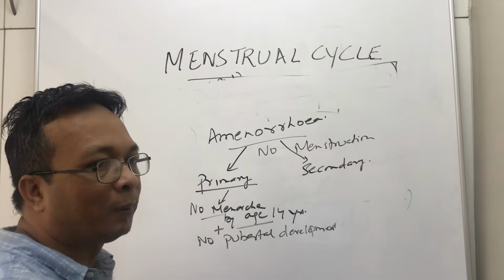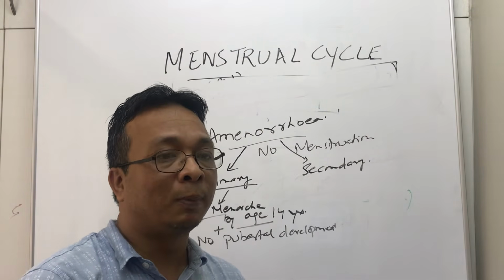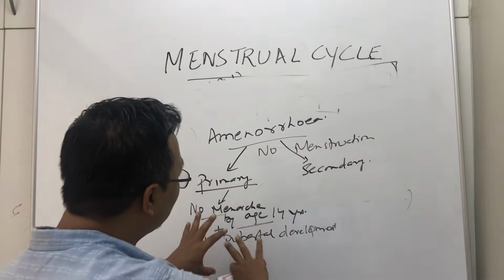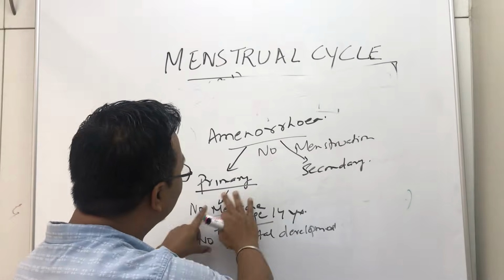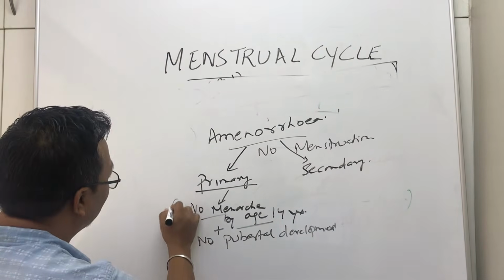Her breast is not developed, she has not developed any hairs, even there is no pubic hairs. Uterus has not developed. So all those developments are also absent, and she has also not menstruated. That is also one type of primary amenorrhea.